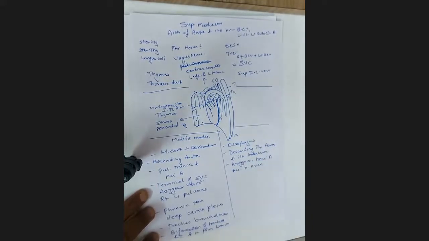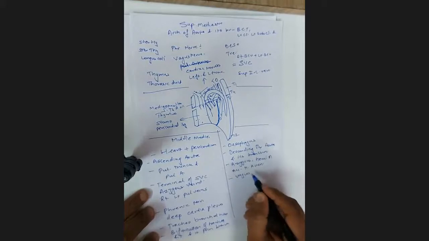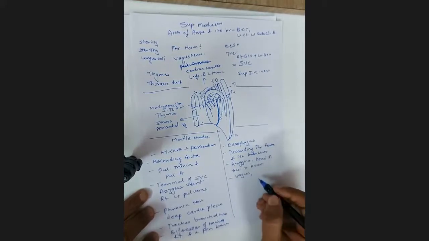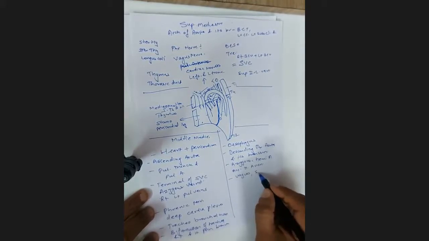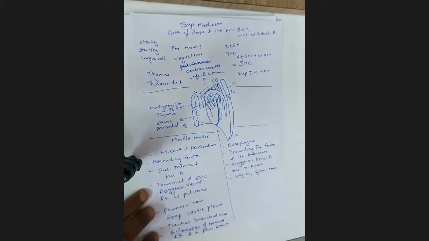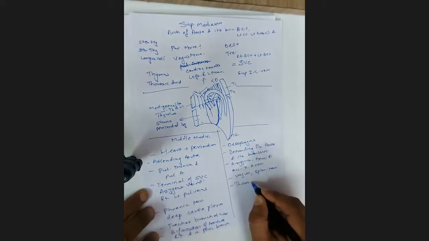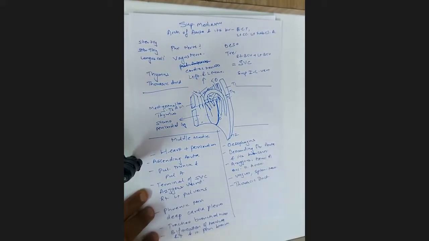Amongst the nerves, there will be vagus. There will be the splanchnic nerves, the greater, lesser, and the least splanchnic nerves. And amongst the lymph nodes, there will be the posterior mediastinal lymph nodes. And most important thing is thoracic duct.